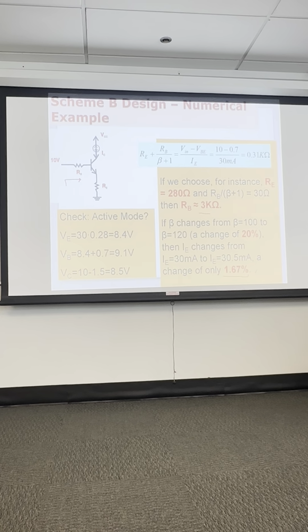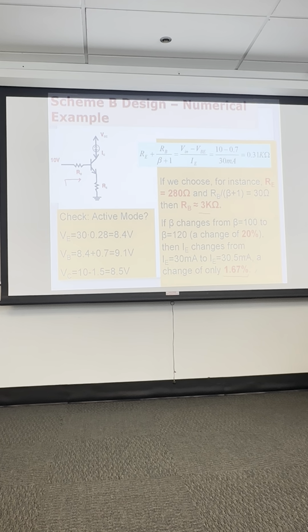However, when we went to build one of the circuits on a breadboard, we found out that the circuit didn't work. The LED would not turn on. And then we checked the active mode numbers. The emitter is 8.4 volts. And we can calculate that. The emitter resistor is 280 ohms, so you can calculate that number.